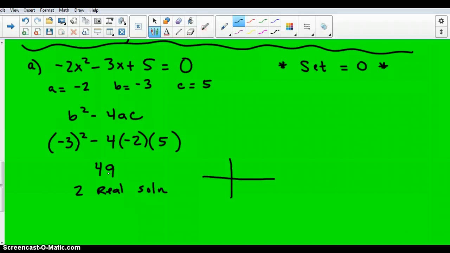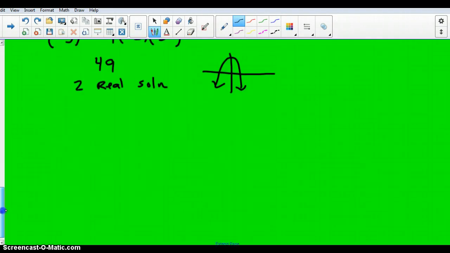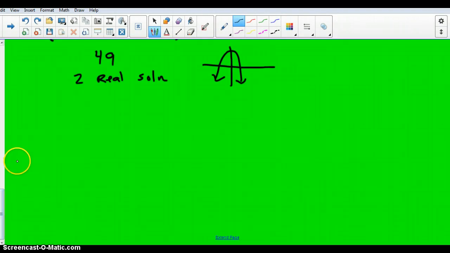It's called rational, okay? And actually, does this graph up or down? Sure, opens down. We know it crosses the x-axis and it opens down. I just want you to know what it looks like. I'm not going to ask you to sketch it on homework or anything.